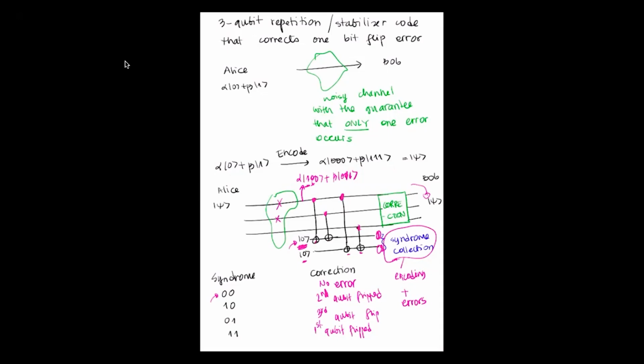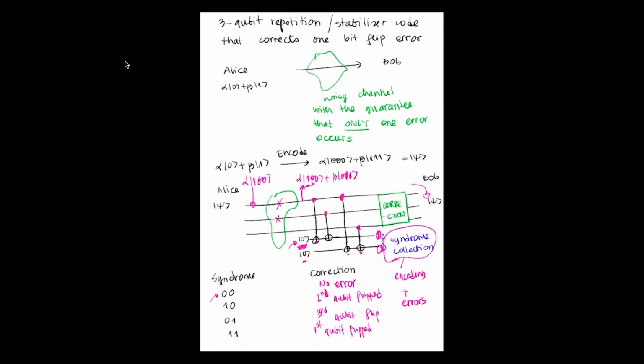Maybe what I was thinking was, what if the input was 001 and 110? What is the encoding? Maybe I'm not phrasing it properly. What if the input was like the error part, which is alpha 100 and beta 011?